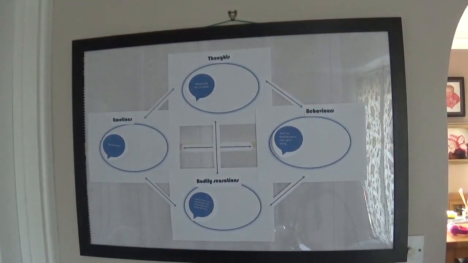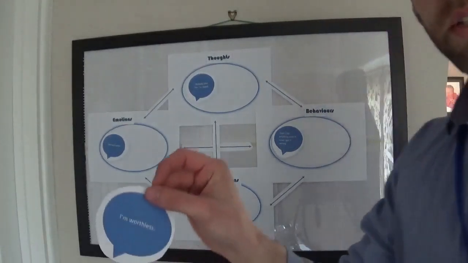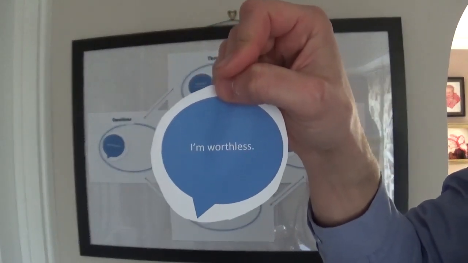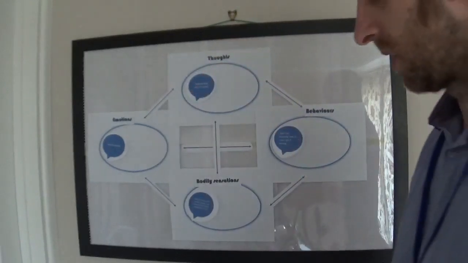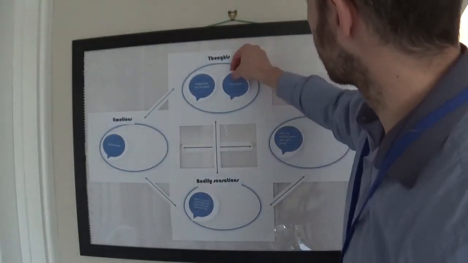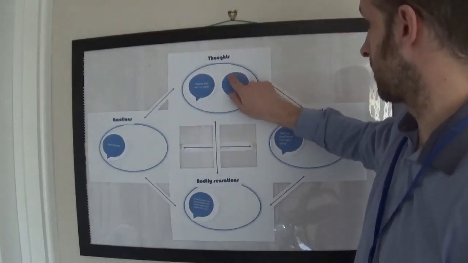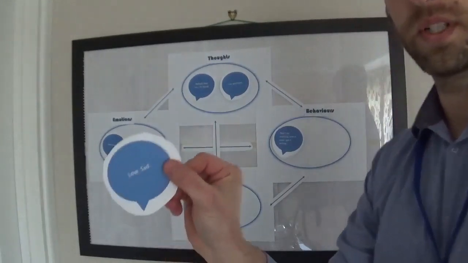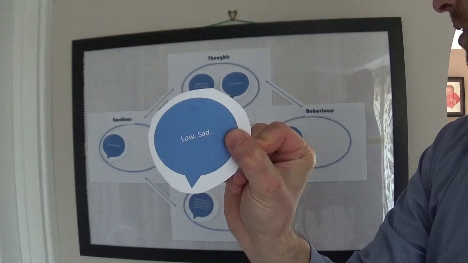We have got, I'm worthless. Is that a thought, behaviour, emotion or bodily sensation? We'll put that one in the thought category. I think I'm worthless. Low and sad. So is that a behaviour, bodily sensation or an emotion?